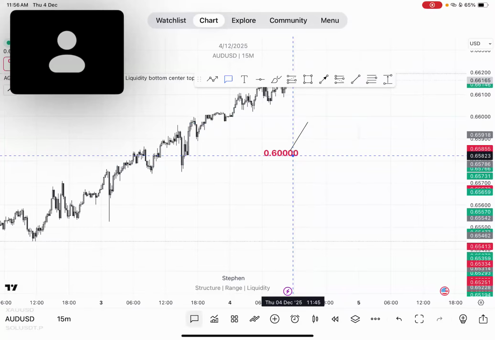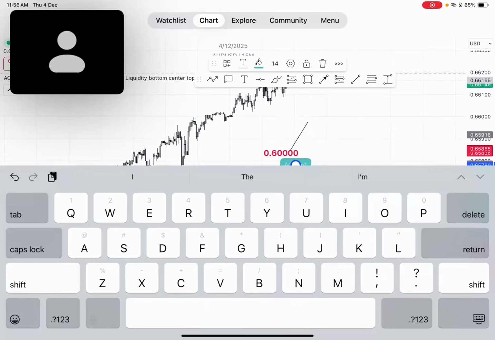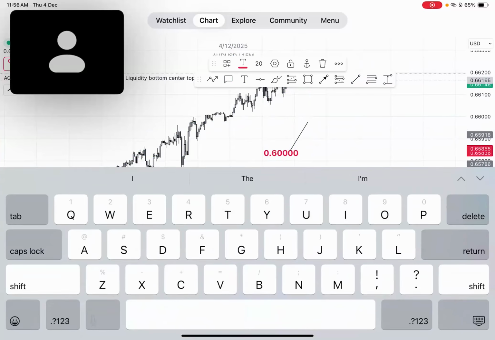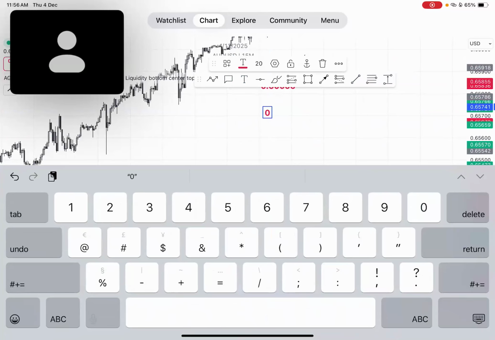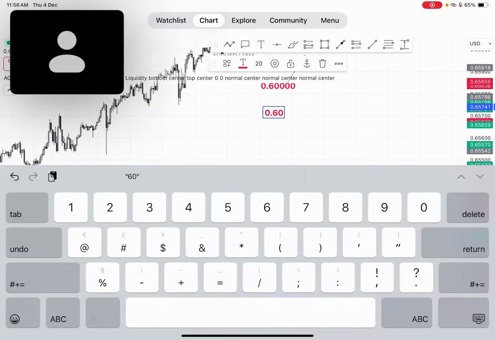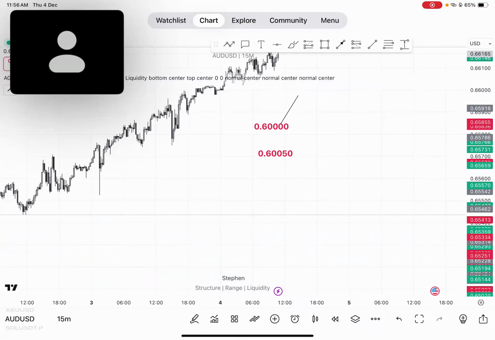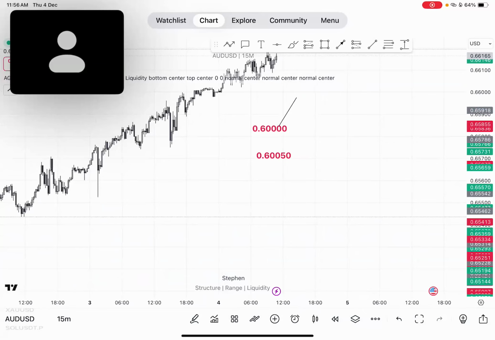So now, if this 0.60000 moved to 0.60050, can anyone tell me how many pips this is? I'm hearing 50 pips, I'm hearing 10 pips.